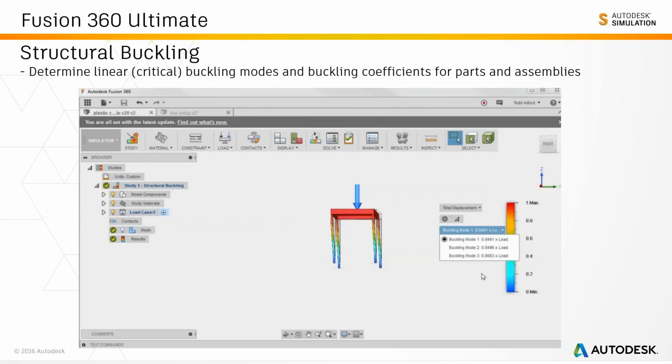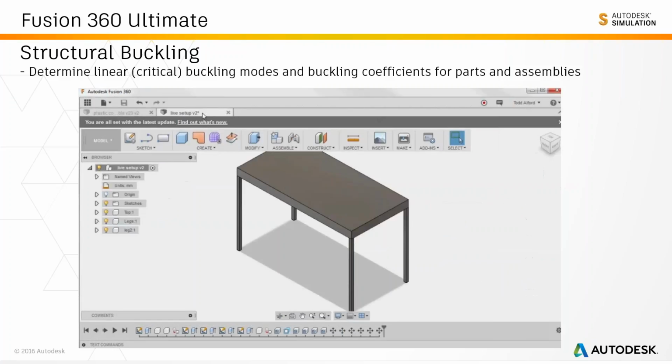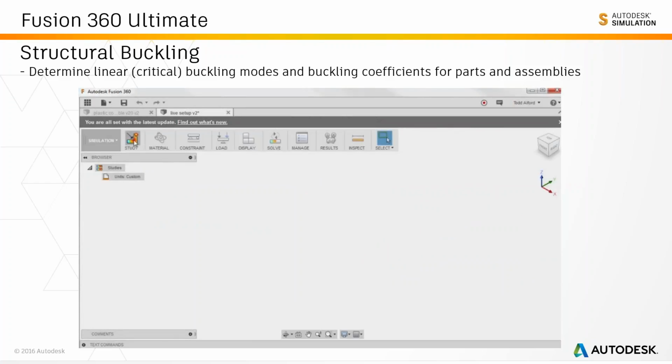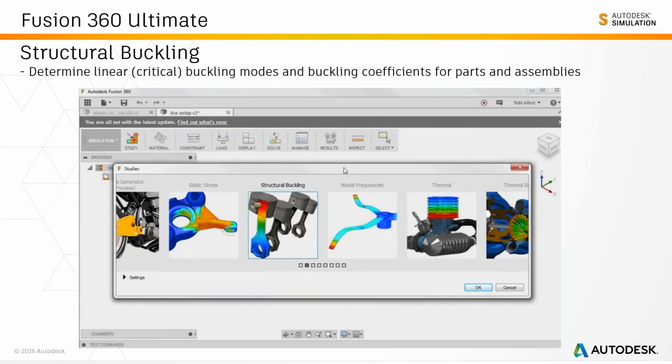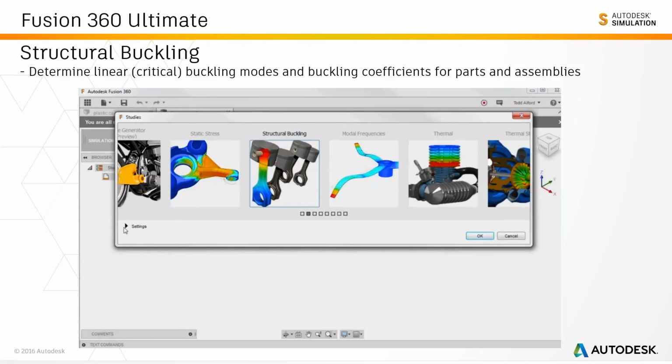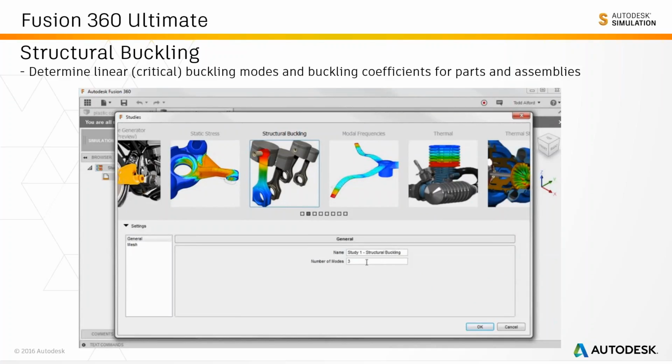So this is, again, pretty easy to set up. It's a matter of switching again from model to simulation, setting up a new study, structural buckling type. Okay, so again, we're talking ideal buckling. How many modes do we want to run this for? 3 is default.